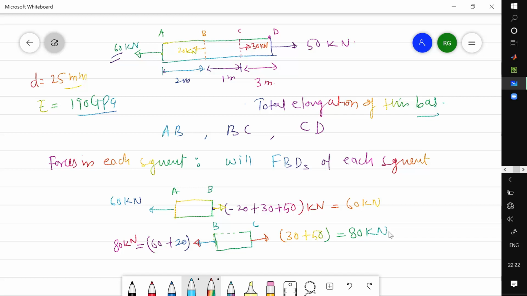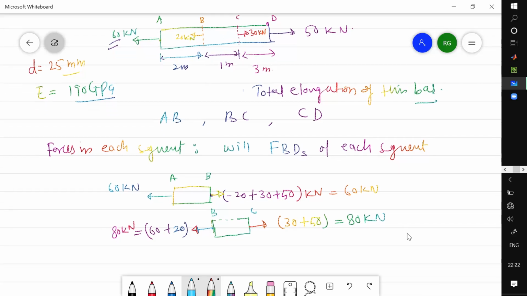Now let's draw the diagram of the CD segment. So this is our CD segment. Now at C, the forces acting on C and all the forces on the leftward side of C are 60, then plus 20, then minus 30 kilonewton.